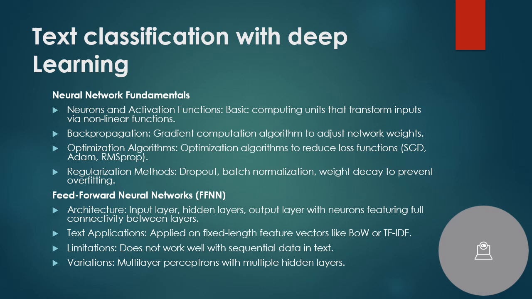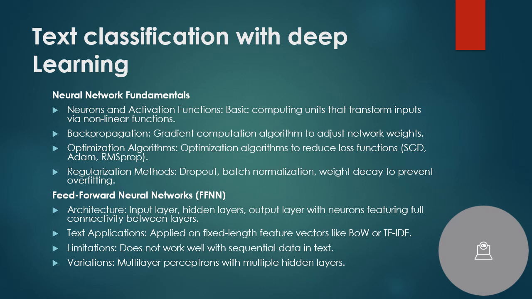And backpropagation is the main algorithm for training neural networks and is used to calculate the error. Algorithms like stochastic gradient descent and RMSprop are used to minimize the loss function. Batch normalization and weight decay are included in the regularization methods, which are employed to prevent overfitting.